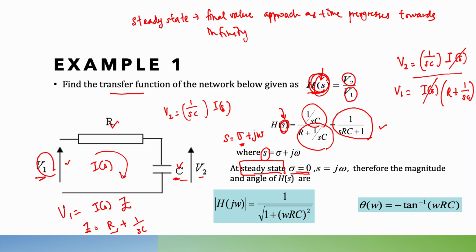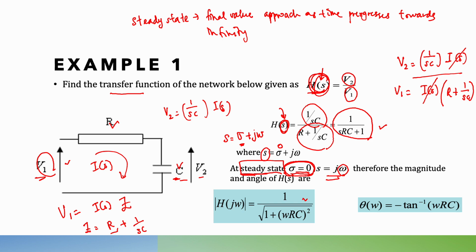So it represents the long-term response of a system. Usually at steady state, the value of the coefficient, sigma, is equal to 0, and since it equals 0, S becomes equal to j omega. What is omega? Omega is the value of the frequency.